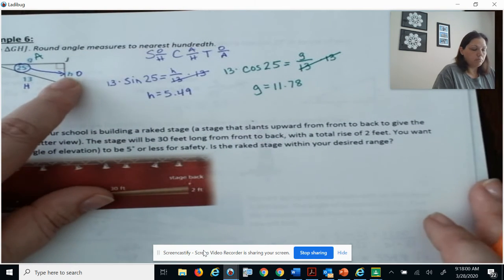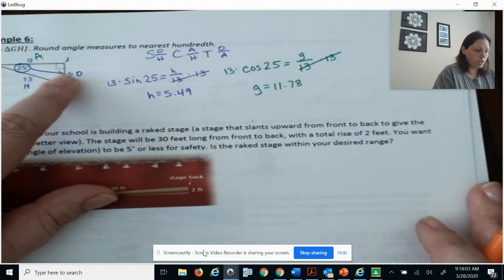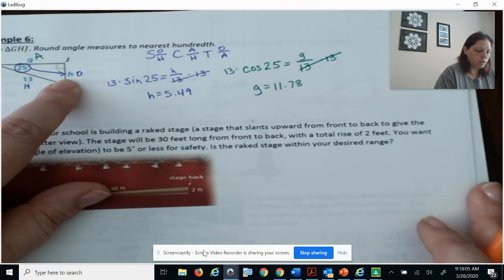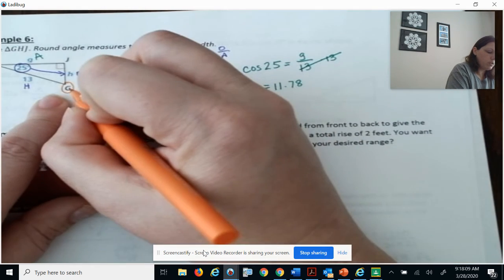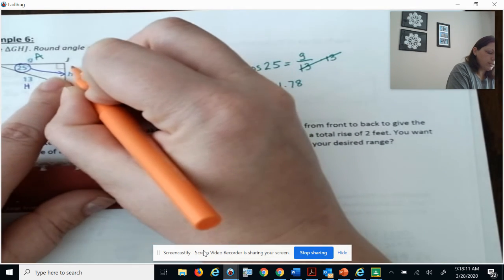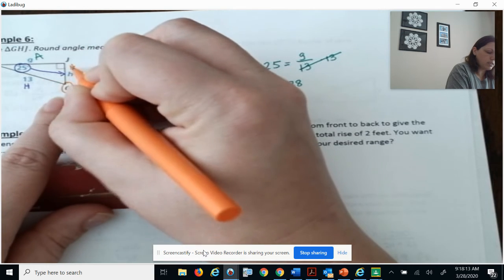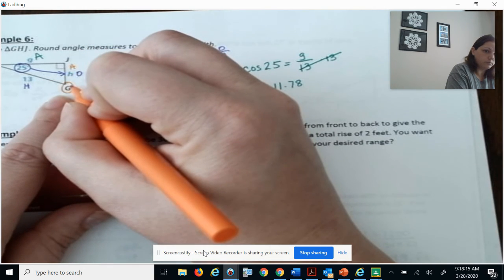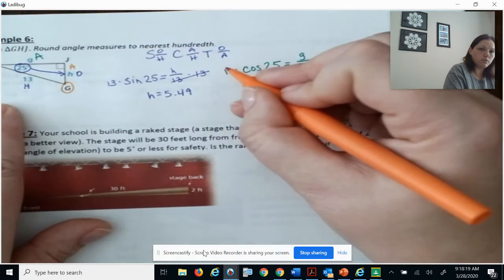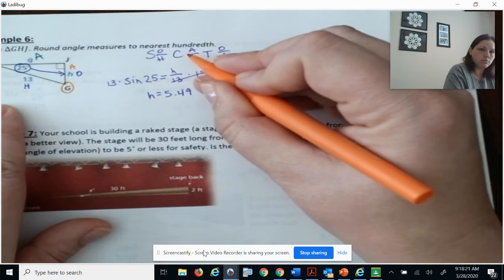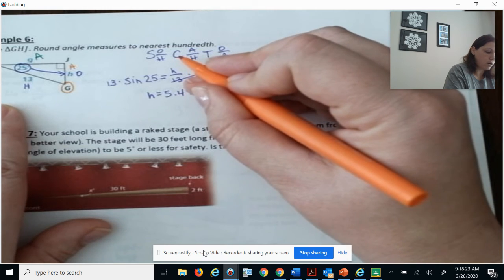I'm just going to pick the H, sorry, not the O, the H. So if I pick H from the G, that is the adjacent side. It's right next to it, right? So I have adjacent and hypotenuse, which means I'm going to use A over H, the CAH.